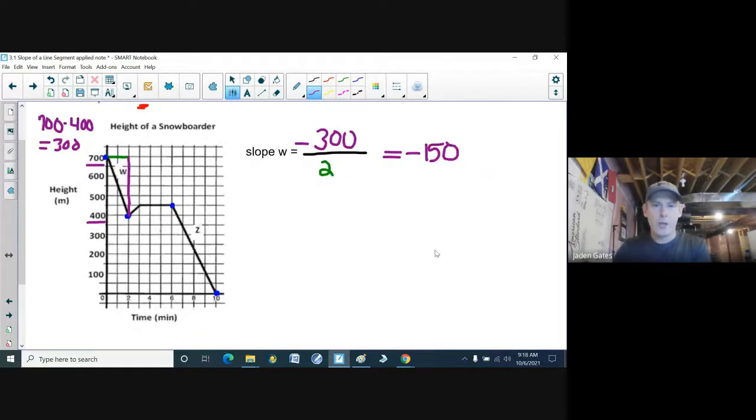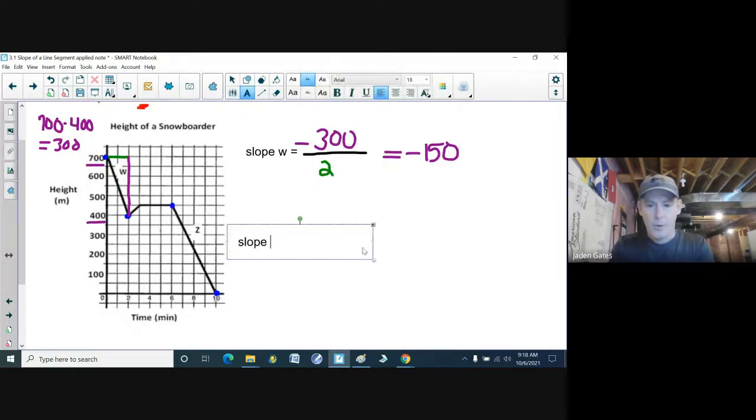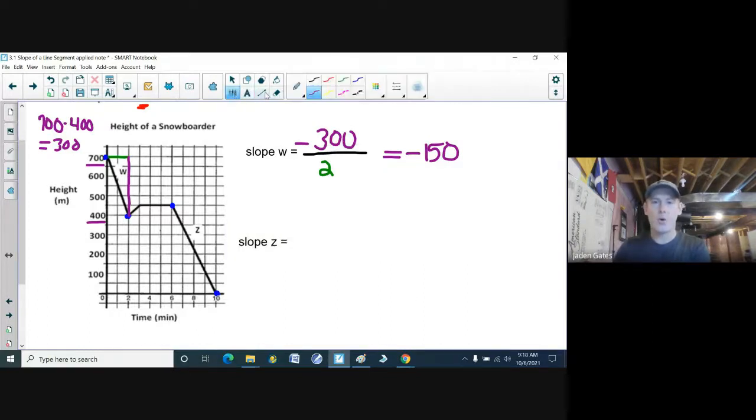All right, I'm going to do another one of those. I'm going to do the slope of Z. Again, I'm going to use rise over run. All right, and so again, I'm going to go from one point to another. So I'm going to go over. Now I'm going over 1, 2, 3, 4. And you can see on our axis, each space is actually worth 1. And so I'm going right 4.